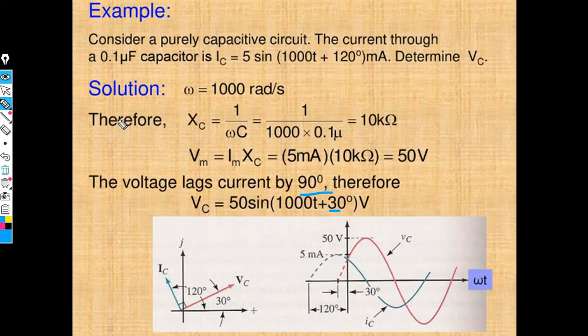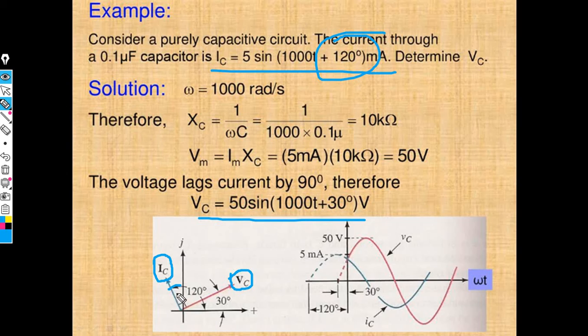That means we obtain two values, IC and VC. Now both waveforms will be drawn. The angle 120 is already given for IC. This is current IC and this is for VC. In IC, the angle is 120, that is, this is 90 and this is 30, so 90 plus 30 is 120.